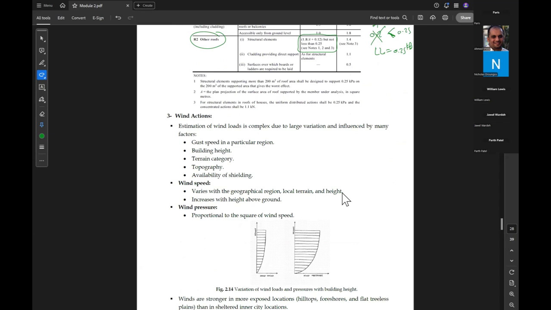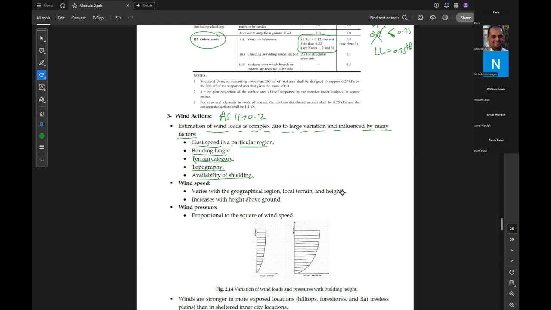The wind action or the wind loads, again from AS 1170.2. Estimation of wind load is complex due to large variation and is influenced by several factors, including gust speed in the region, the building height, terrain category, topography, and availability of shielding.